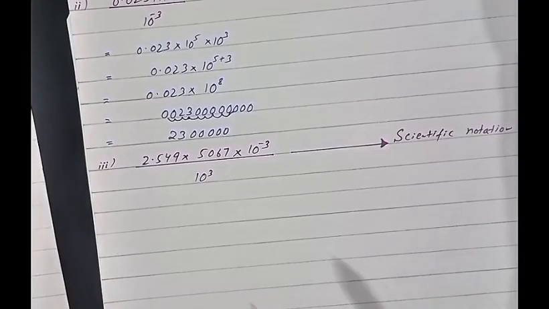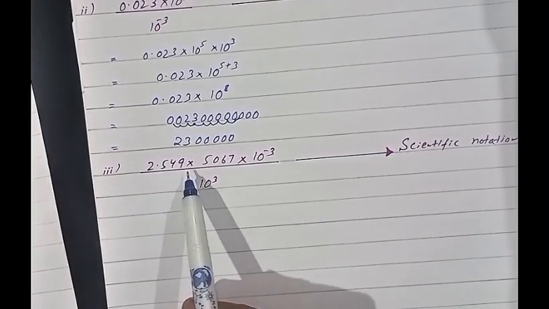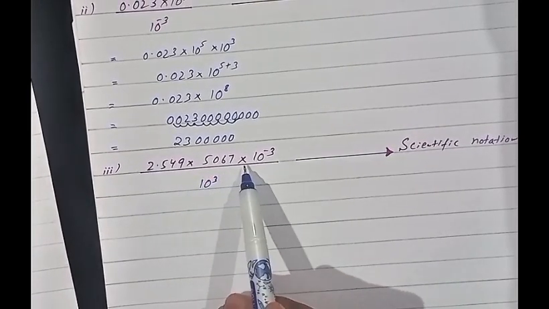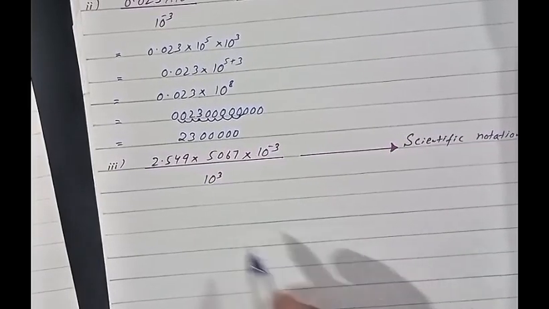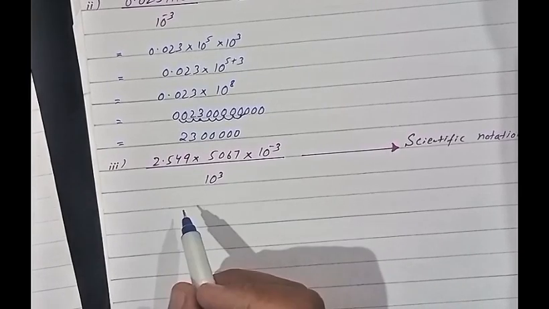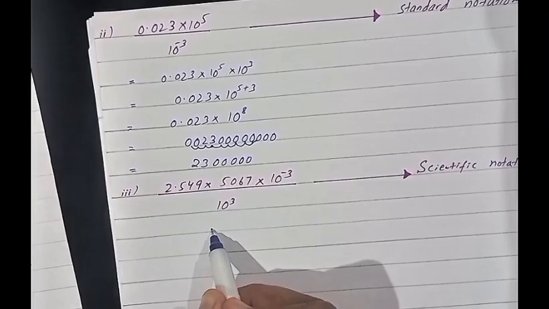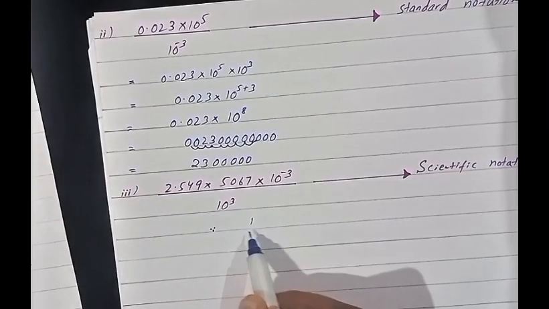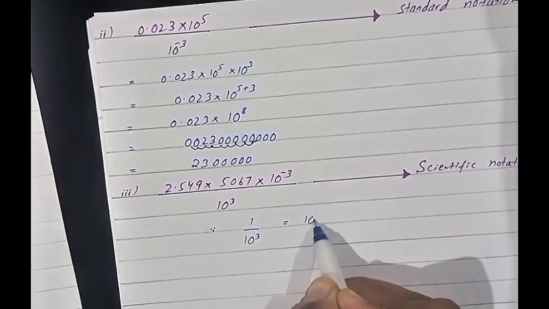In the next question, 2.549 multiply 5067 multiply 10 power minus 3 divided by 10 power 3. So we have to convert it into scientific notation. First, by the negative power rule, we can write 1 divided by 10 power 3 equals 10 power minus 3.